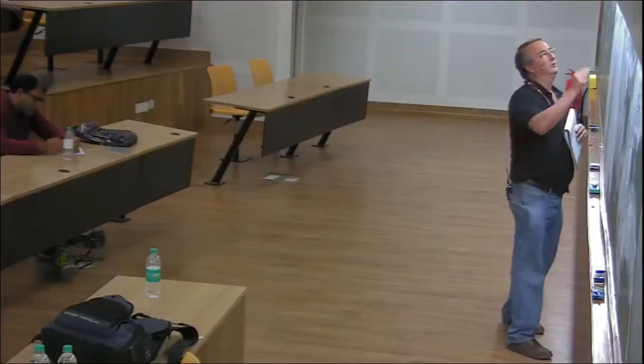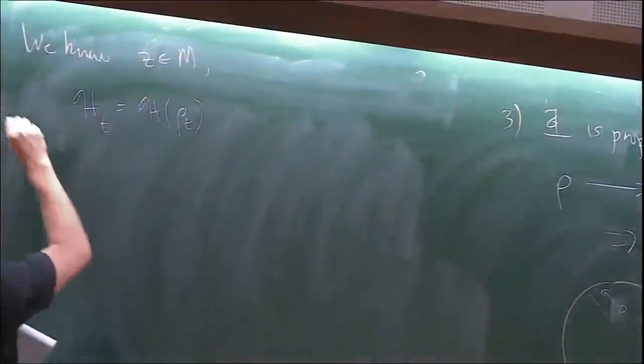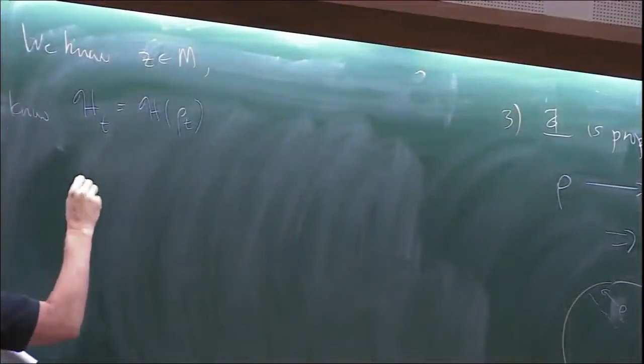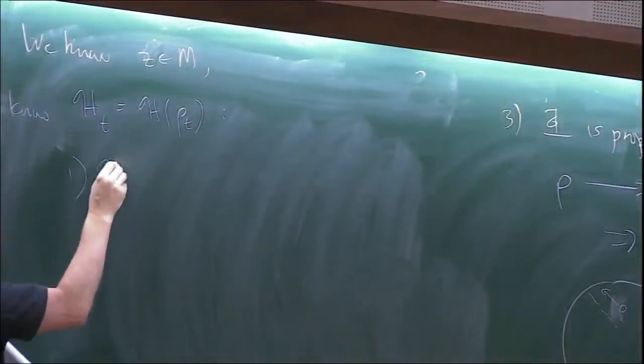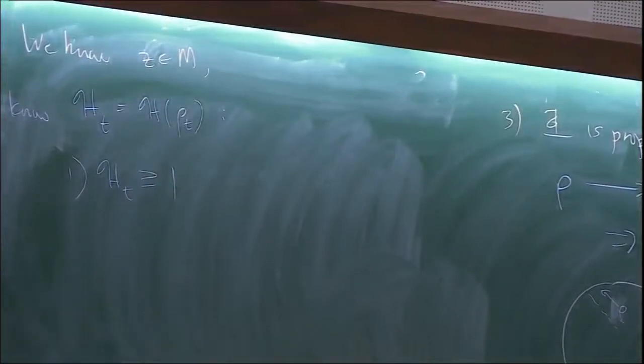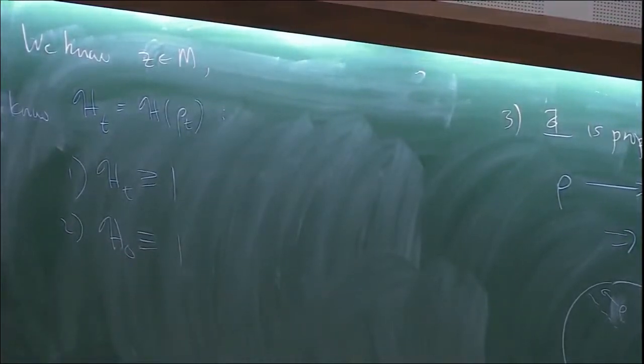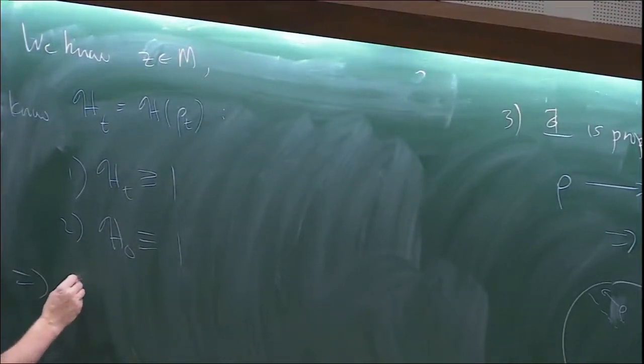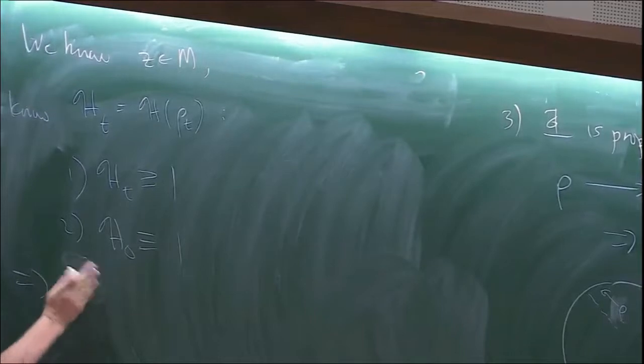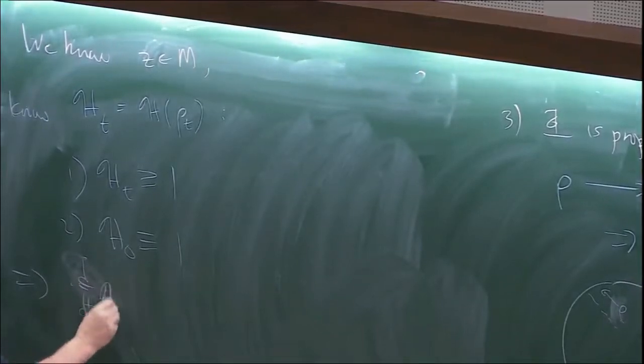And so what I know about ht, I know ht satisfies the following. It's at least 1. That was the maximum principle. And at time 0, it's identically 1. So what does that tell you? That tells you that the time derivative of ht as a function on the surface is identically 0.